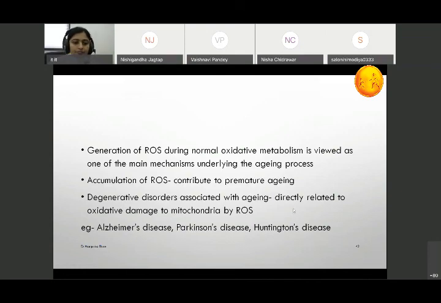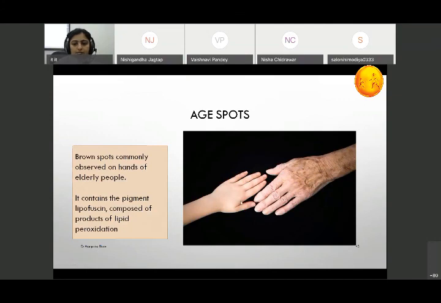Now, some things also happen while aging. I'll show you pictures in this. You can see the hand of a child and the hand of an old person. Here you have some brown spots on the hand of that aged person. These are known as age spots. As we grow, there is formation of these age spots.